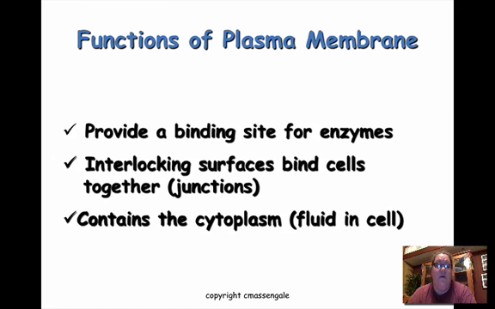It also is a binding site for enzymes, so when certain enzymes come through the body, on the surface there, they can attach, and we'll see a picture of that, and do their function. It binds with other cells, so if it needs to communicate, the cells will come together, and that's called a binding site.